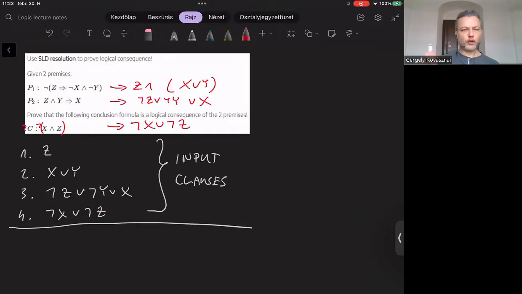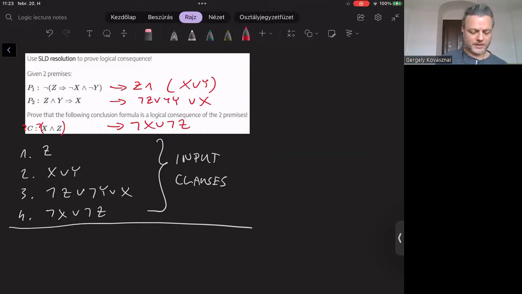But if we could translate all our clauses to Horn clauses, then it is guaranteed that SLD resolution will be able to derive the empty clause if the input clause set is unsatisfiable. Okay, let's look at our input clauses. Are all of them Horn clauses?